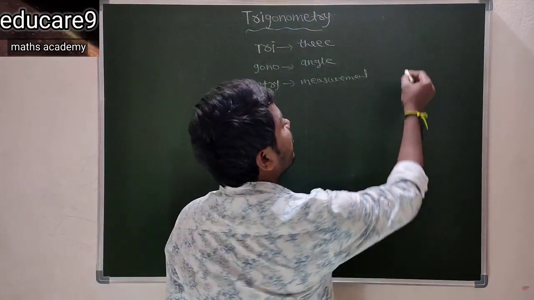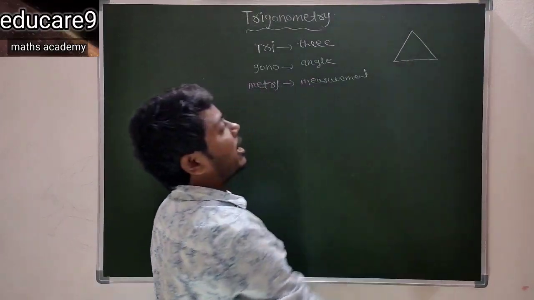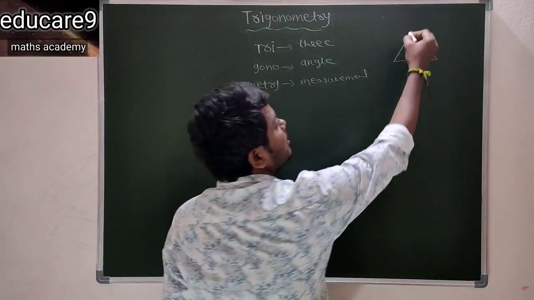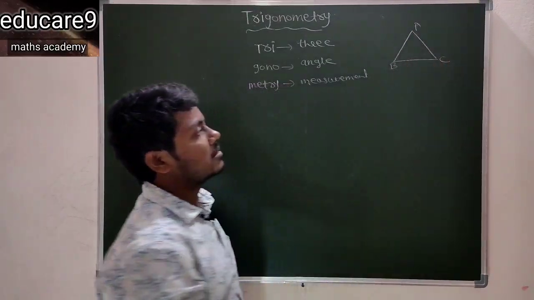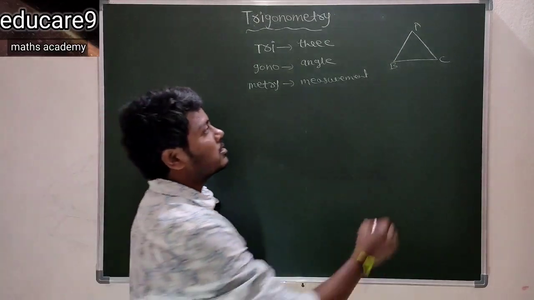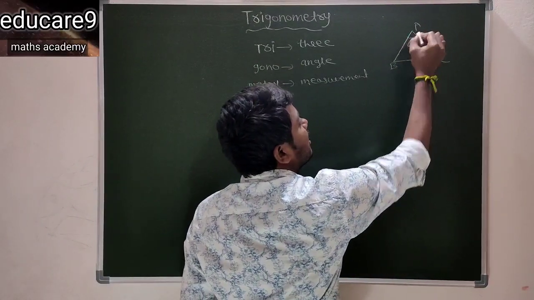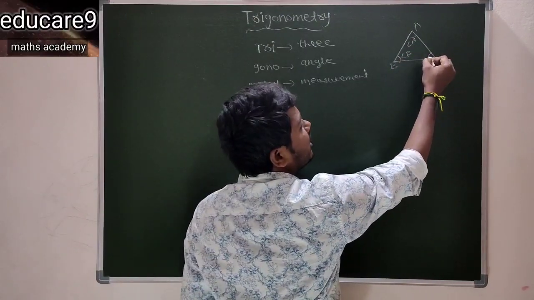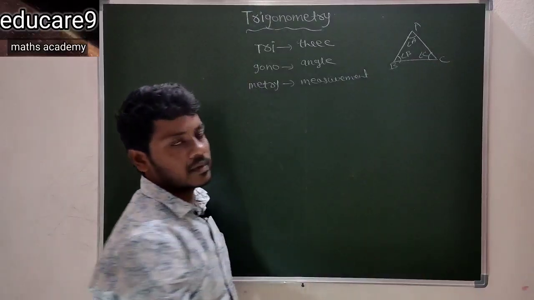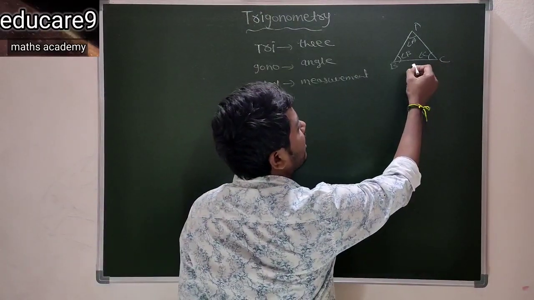See here, for example, this is any triangle. This is A, this is B, and this is C. So this is angle A, this is angle B, and this is angle C. Now, what is the BC side?